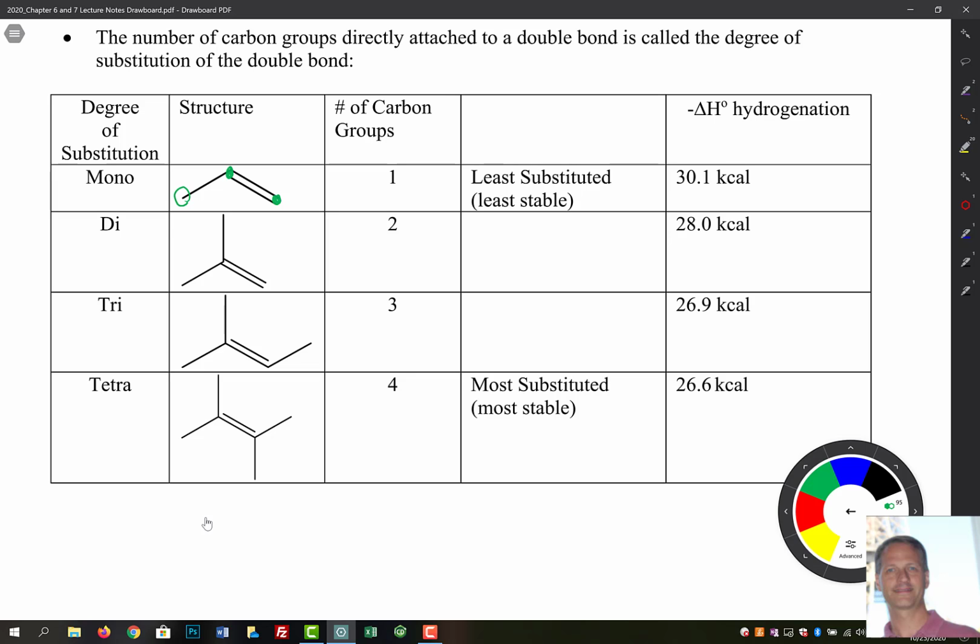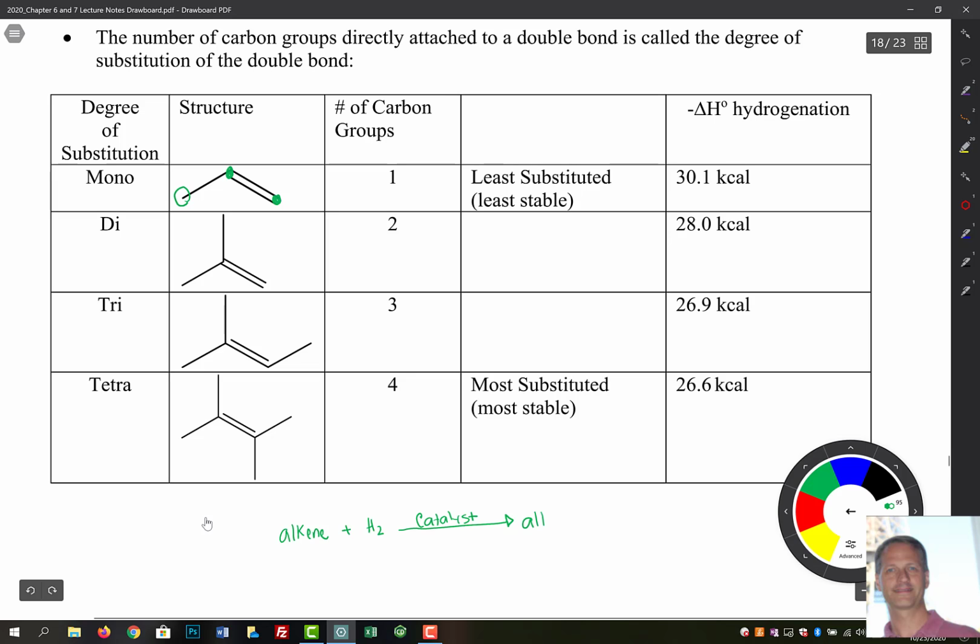All right, now the delta H of hydrogenation, what is that? Well, what happens here is that you can take an alkene, right, and then you can add hydrogen to it. And we have to have here some type of catalyst.